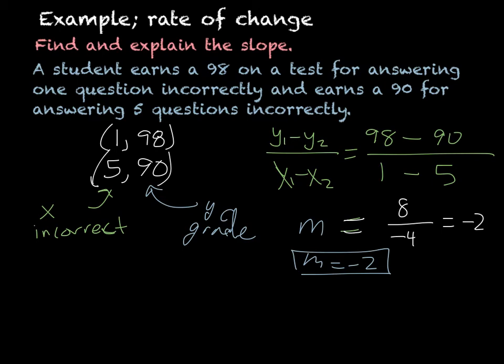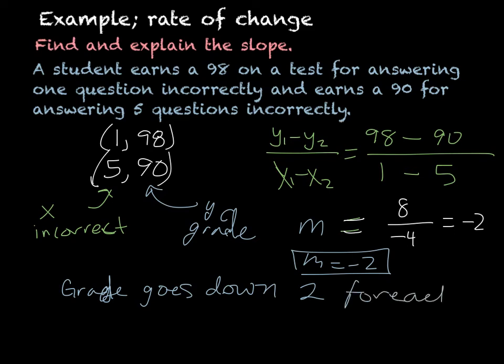What does that mean? That means that the grade goes down 2 for each incorrect question.